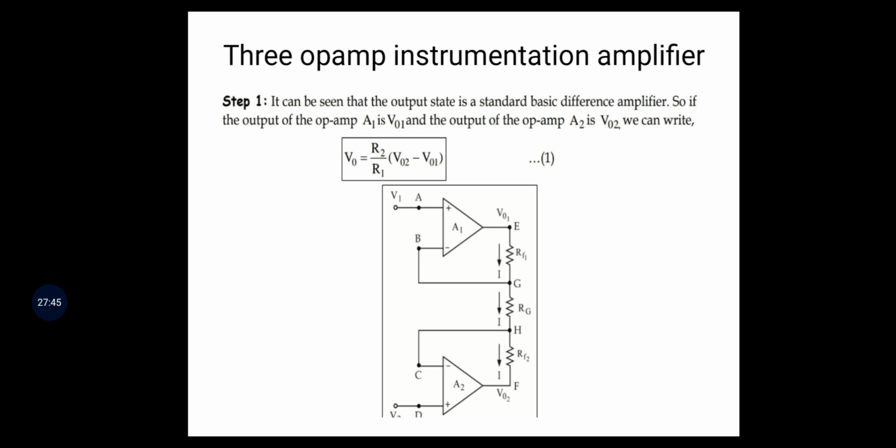So if the output of the op-amp A1 is V01 and the output of the op-amp A2 is V02, we can write V0 equal to R2 by R1 times (V02 minus V01).